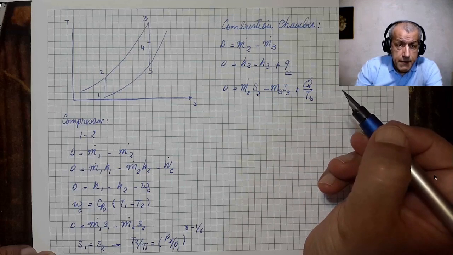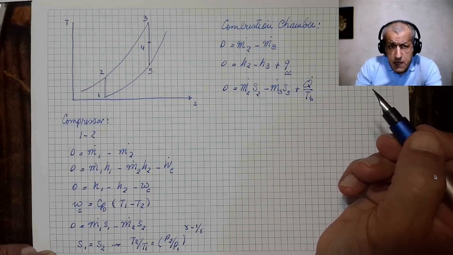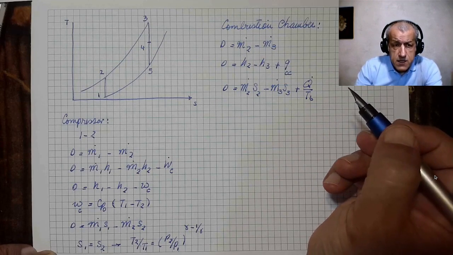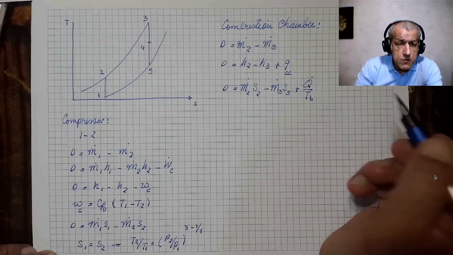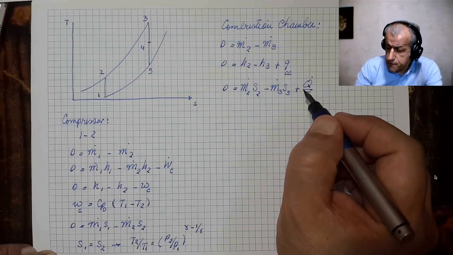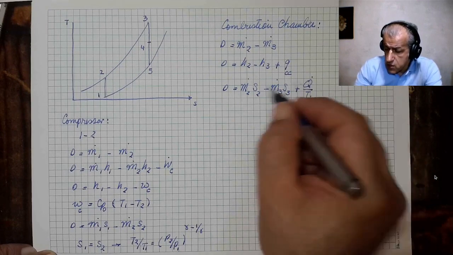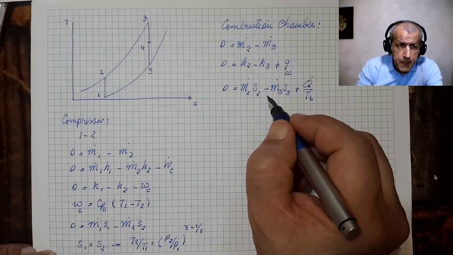And if we assume that this heat addition is reversible, then entropy generation would be zero. Well, we don't use this equation much, but still we have to write it.